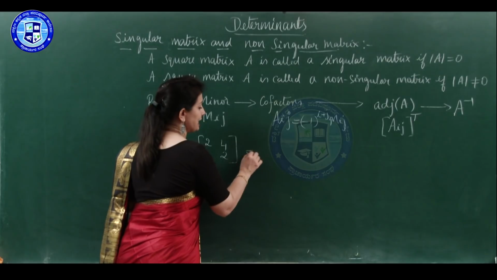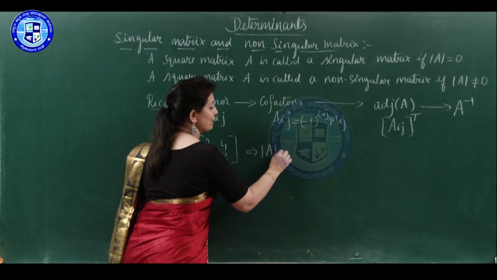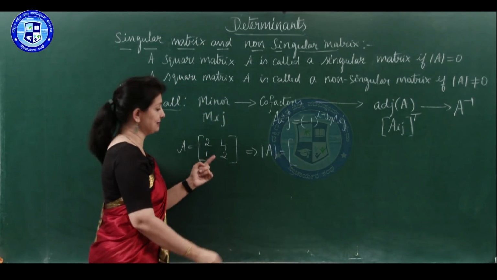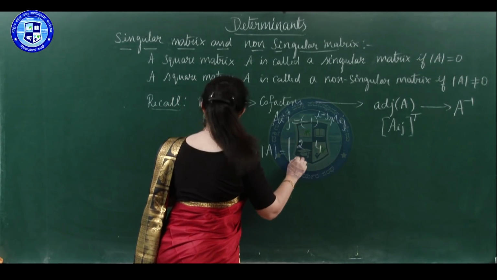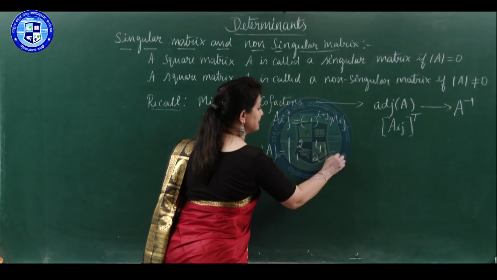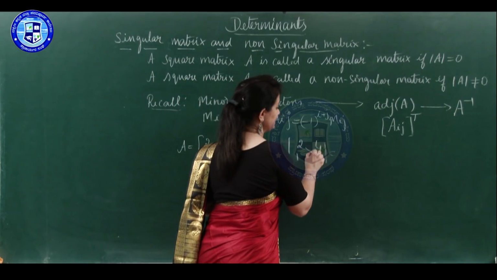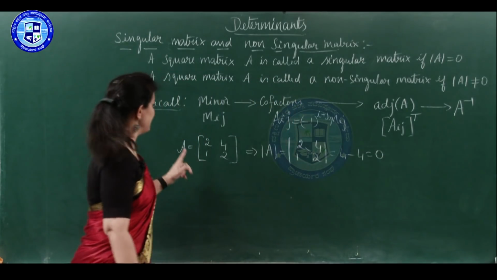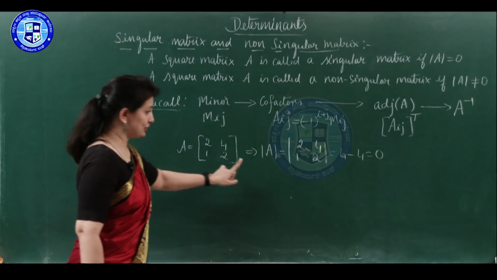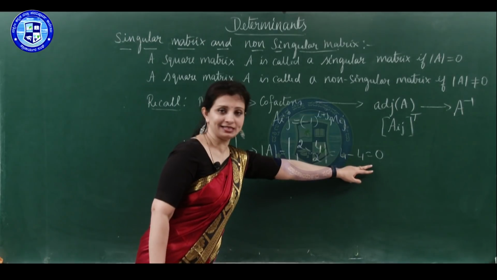Now, you know how to find the determinant of A. What is the determinant of A here? The determinant of 2, 4, 1, 2 can be written by cross multiplying: 4 minus 4 is 0. Look at this. A is a square matrix such that its determinant value is 0.